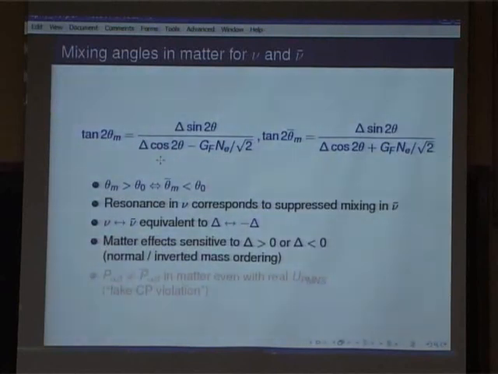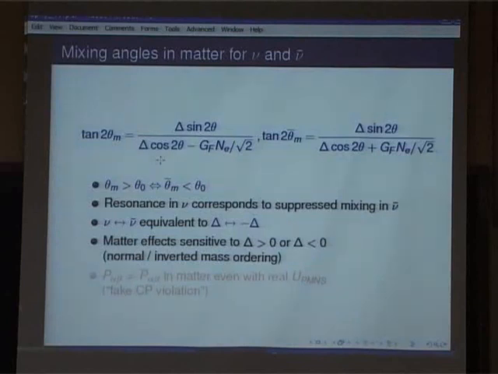Again, this is exactly what INO is planning to do. INO is based on this straightforward principle. That if delta is positive, neutrino mixing will be larger. If delta is negative, antineutrino mixing will be larger. So this is the basic principle of INO, and then you put in everything else.